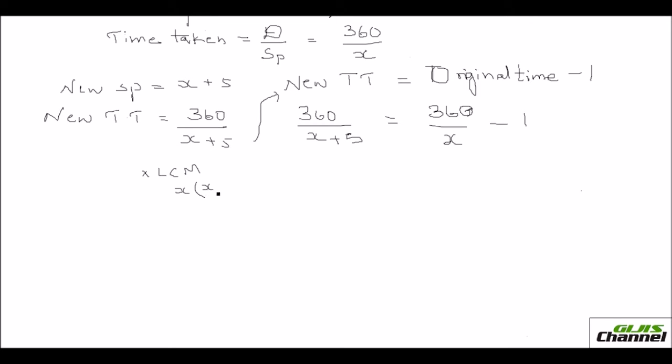To remove the denominator, we normally multiply each term with its LCM. So here when I multiply with the LCM, my x plus 5 will get cancelled with the denominator, and I am left with x.